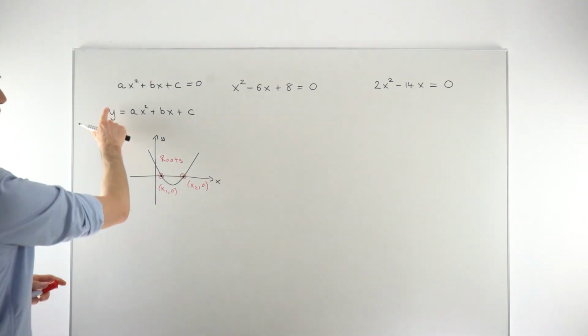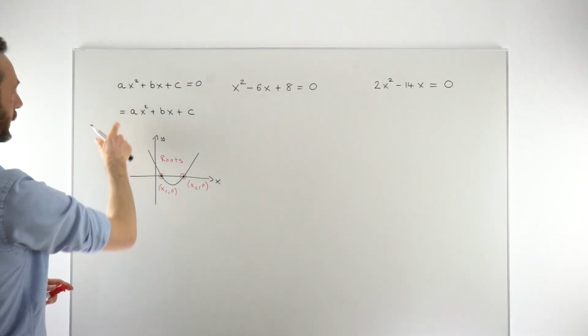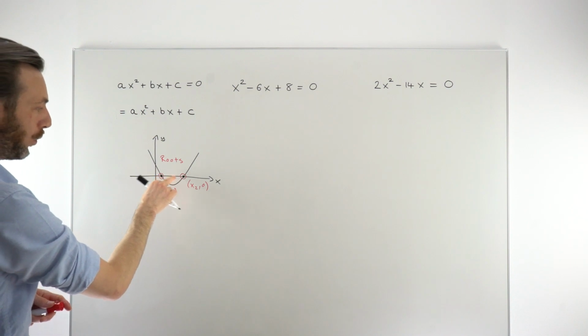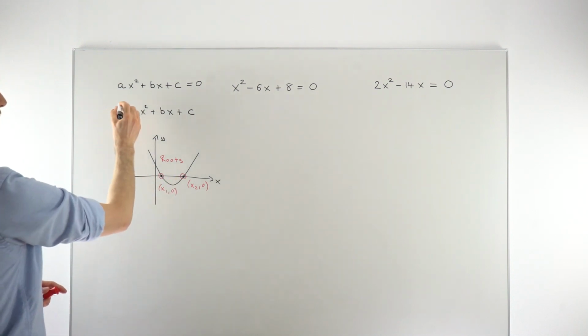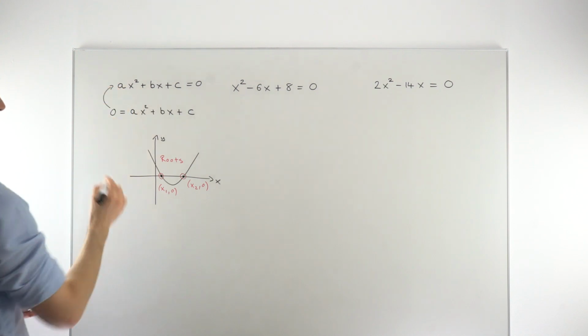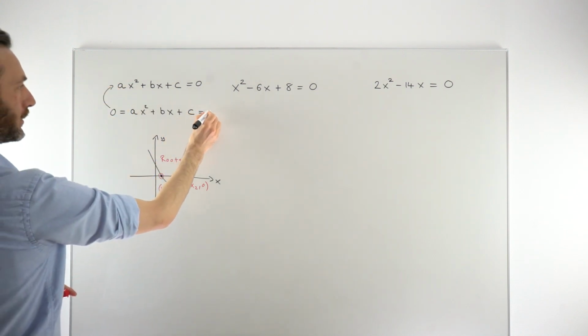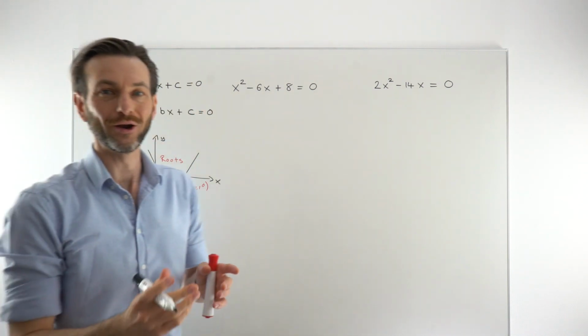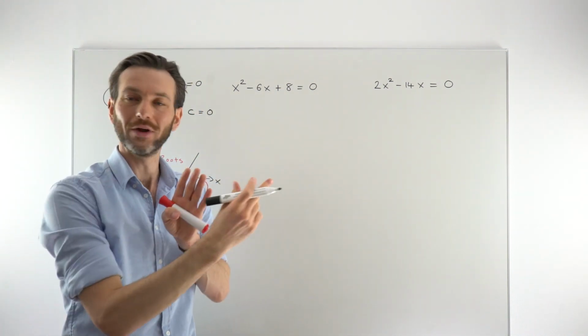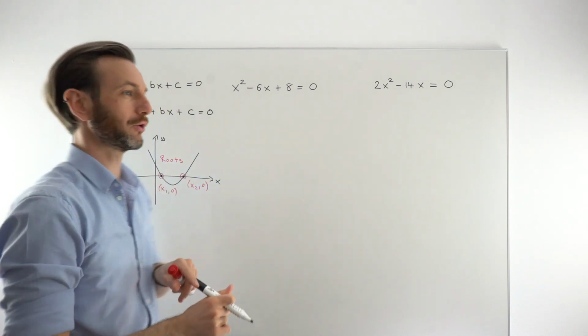If we take our y out of here and replace it with what the y value is for these 2 points, which is 0, then these two equations are the same. The only difference is that we've written the 0 on the other side for that top equation. But equations don't care if you read them left to right or right to left, so you can spin the terms around.